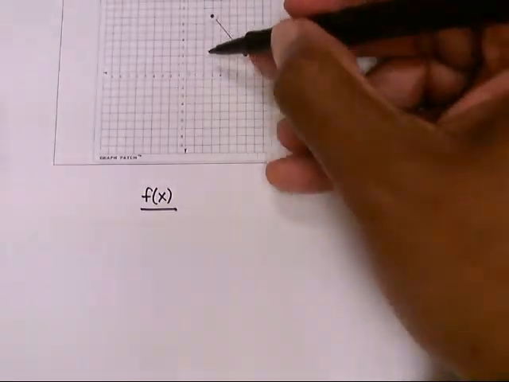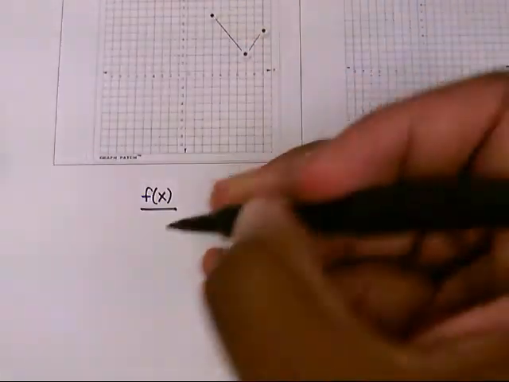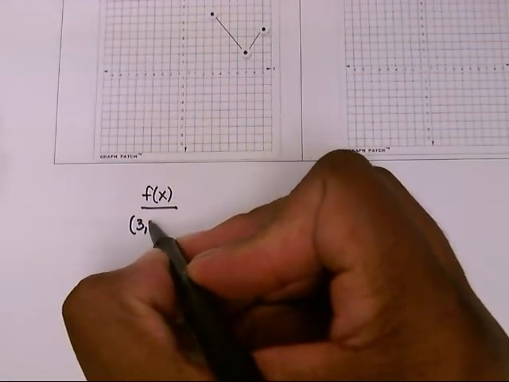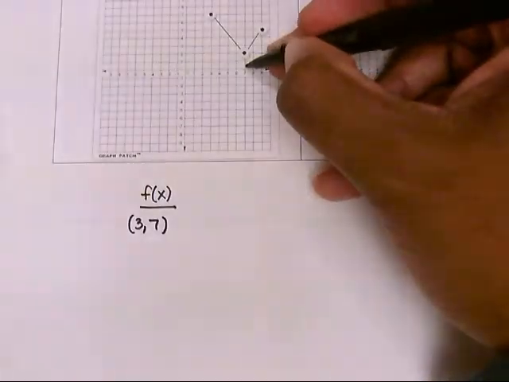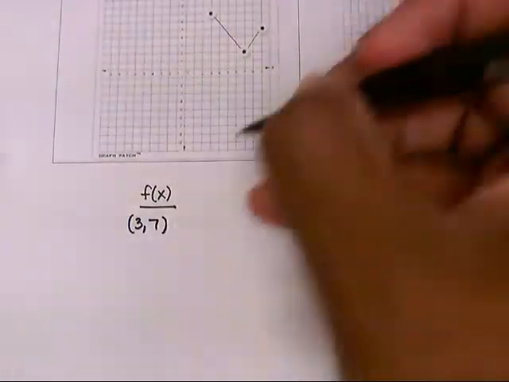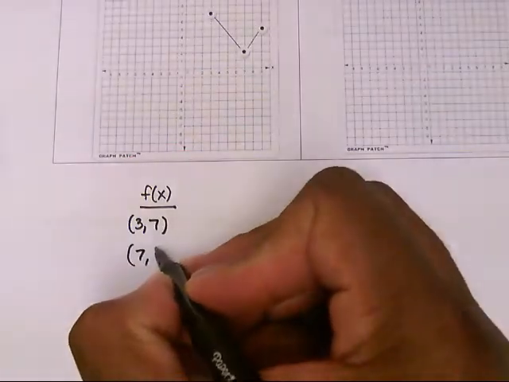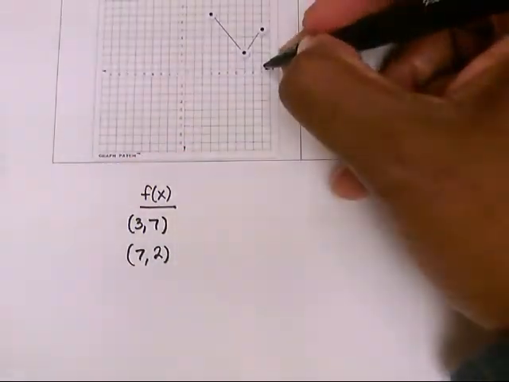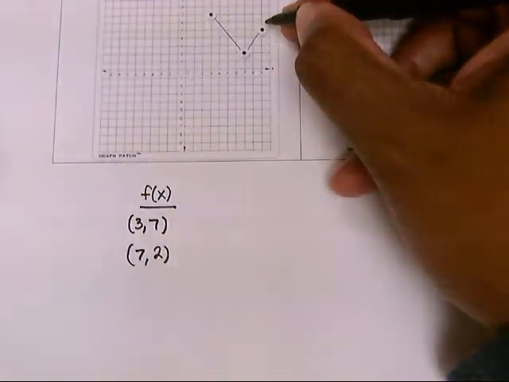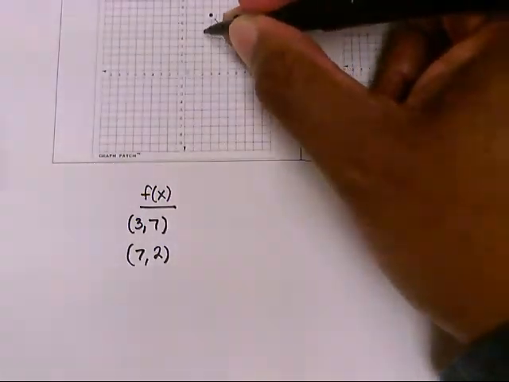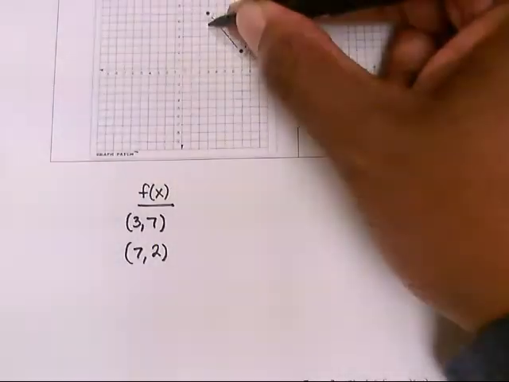Well, by looking at this, I have an ordered pair of 3, 7. The other one is the ordered pair 7, 2. And the third one, that's going to be 9 and 5.